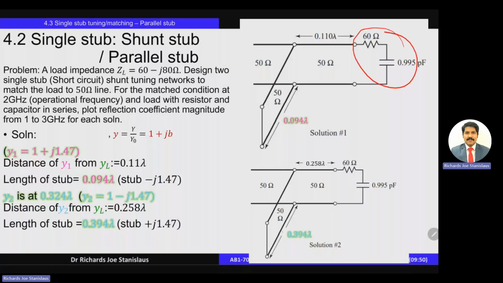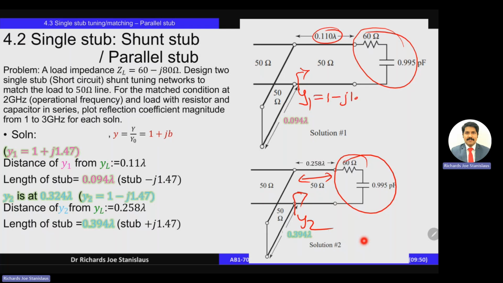So there are two solutions again. First, this is the load. From the load at a distance of 0.11 lambda, we have the Y1 point, and in the second solution, at a distance of 0.258 lambda, we have Y2. For Y1, the admittance was 1 plus j1.47. So we selected a stub length in such a way that from the short circuit, we have a stub admittance equal to minus j1.47.